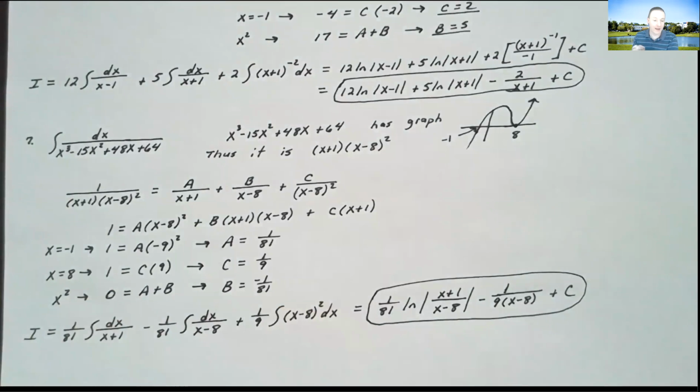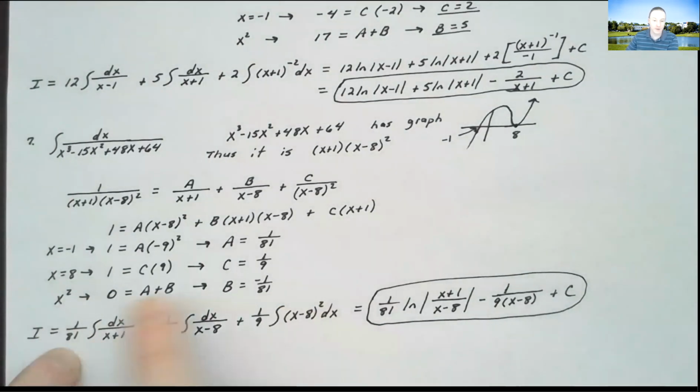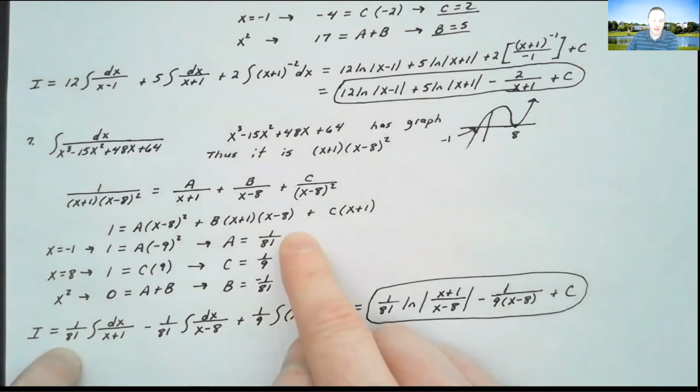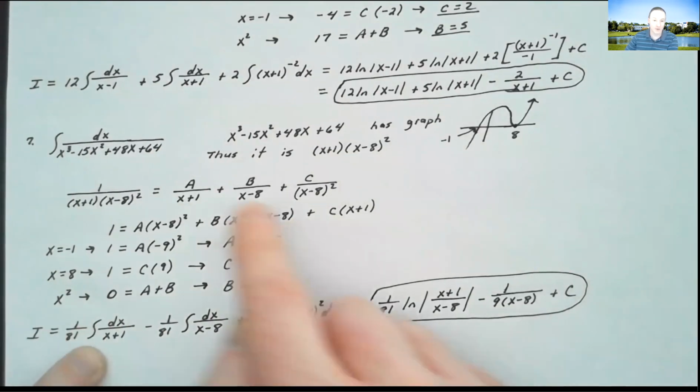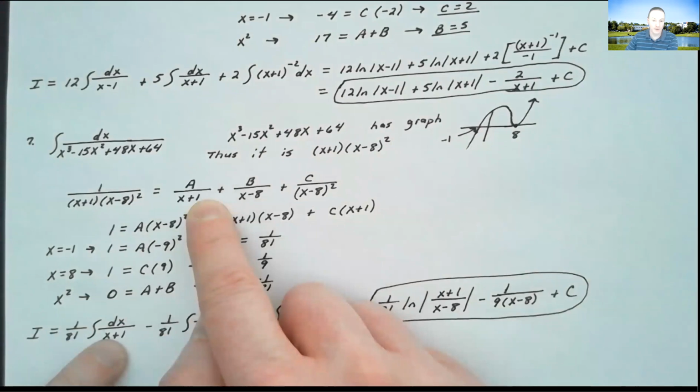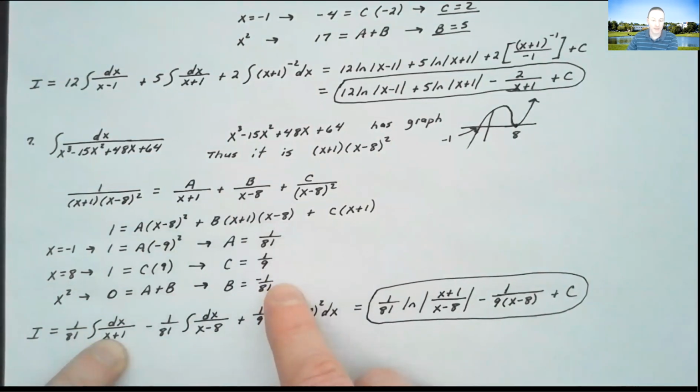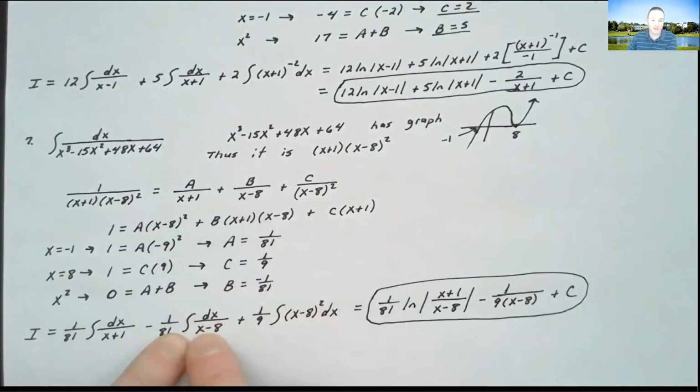So now I go back into my integral and I can say this original integral is equal to 1 over 81 times the integral of 1 over x plus 1. And then again, I want to bring the B out in front and say minus 1 over 81 times the integral of 1 over x minus 8 with respect to x.